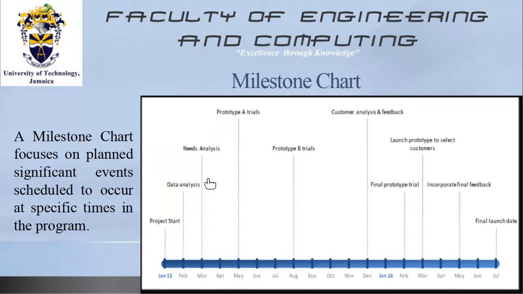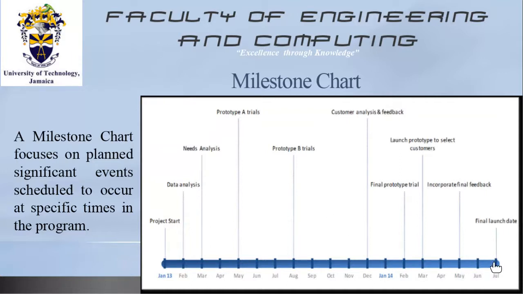By the end of May, we would have done all the work necessary to ensure that the prototype A trials is complete. But we're going to do a prototype B trial as well. By the end of August, that must be complete. By the end of December, we have another milestone. We should have done all the work necessary to complete the customer analysis and to obtain feedback.